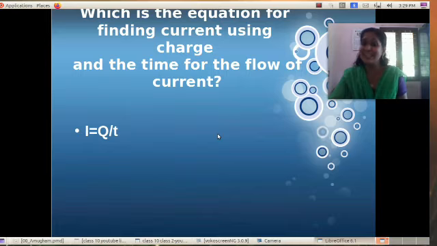Do you know the equation for finding current using charge and time? I is equal to Q by t. We can find the current using the equation charge by time. The unit of charge is coulomb. The unit of time? Yes, second.